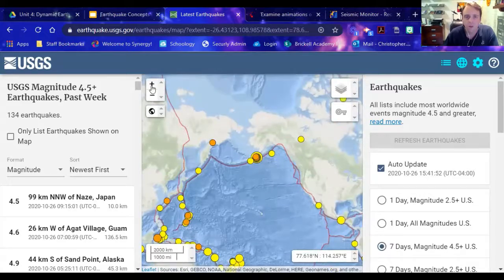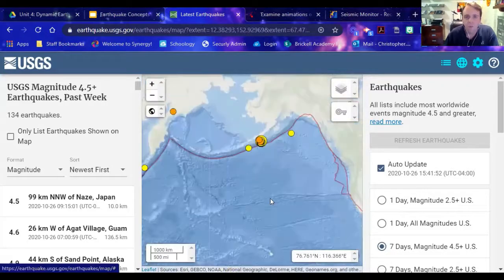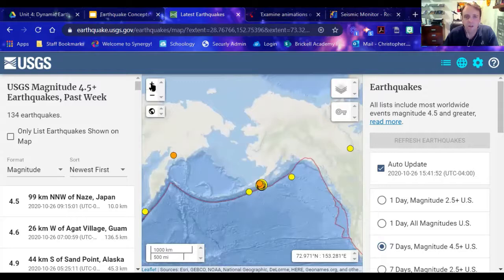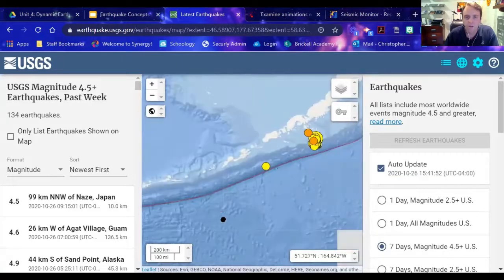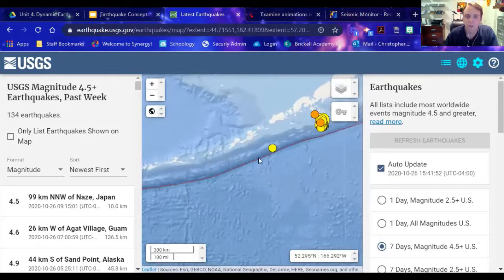I'll show you this one that caused some people to worry last week. Zoom in. This is the Aleutian Islands, of course, right off the coast of Alaska. Oh, by the way, what is that right there? If you said a trench, deep sea trench, you got it. So here we have the Pacific plate on one side and the Eurasian plate up here to the north.